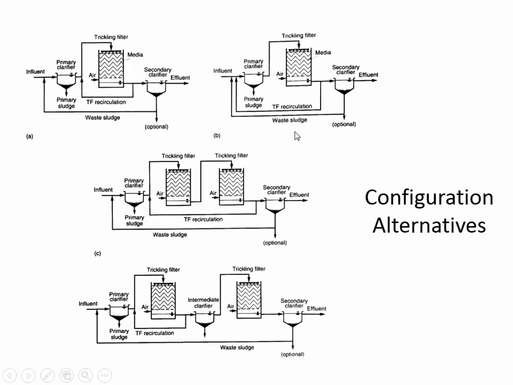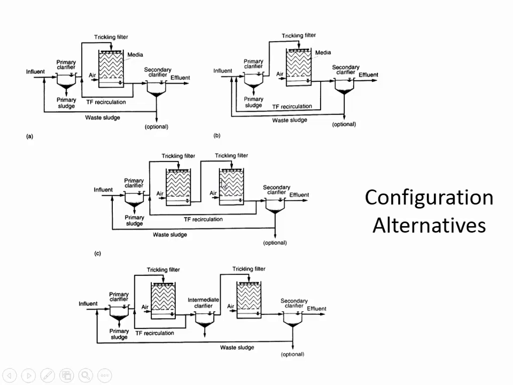In this option B, what little sloughing has occurred hopefully gets settled out in the primary clarifier. So you can see they're recirculating the overflow or the underflow from the trickling filter and putting it through the primary clarifier first. This would just be to try and further improve the fact that the trickling water that's added doesn't have any of the sloughing slime layer in it.